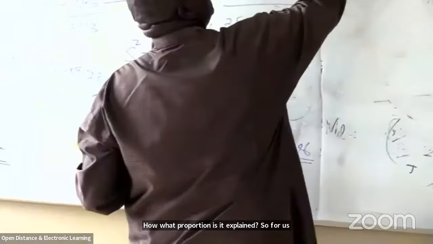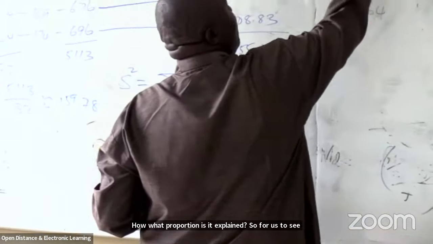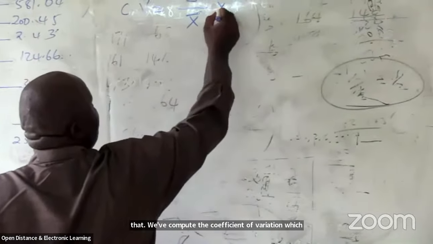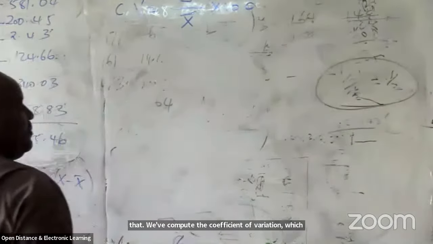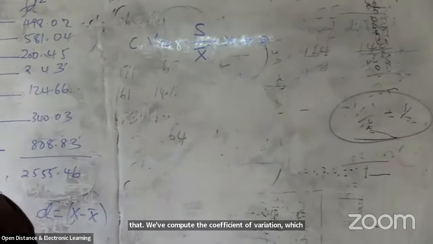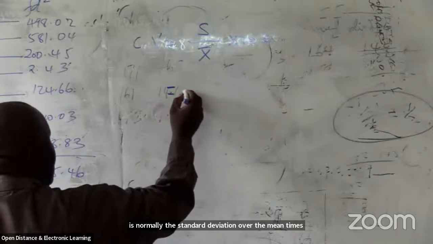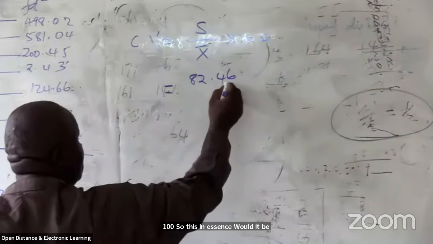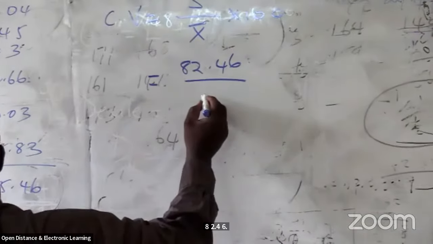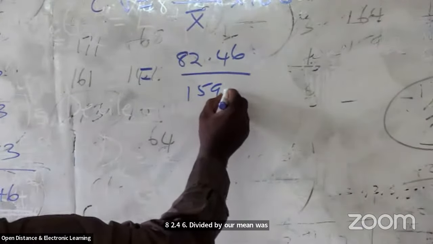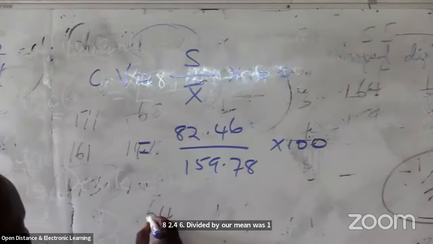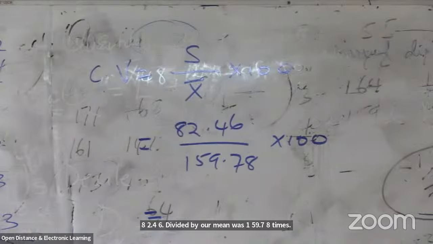For us to see that, we compute the coefficient of variation, which is normally the standard deviation over the mean times 100. So this, in essence, will be 82.46 divided by our mean, which was 159.78, times 100. And that will give you a value.